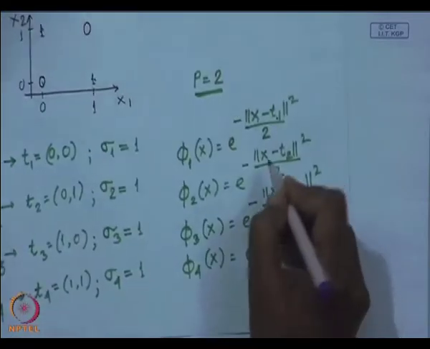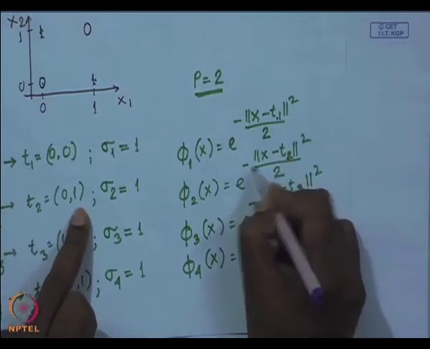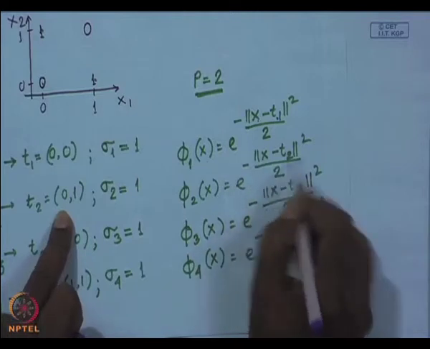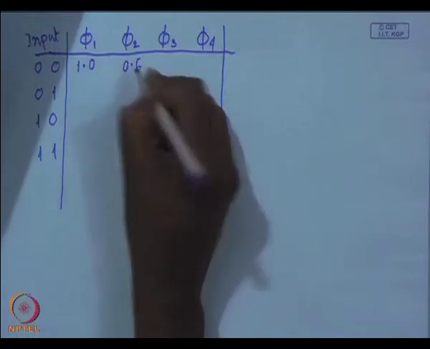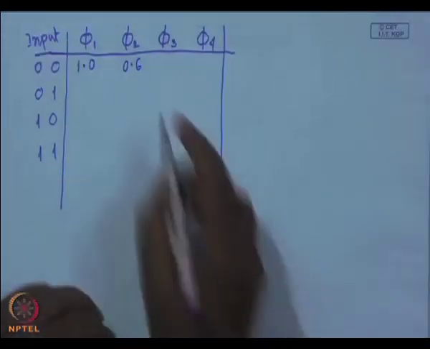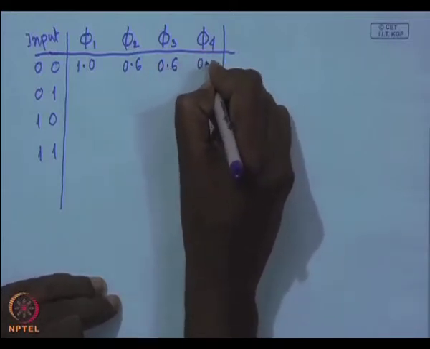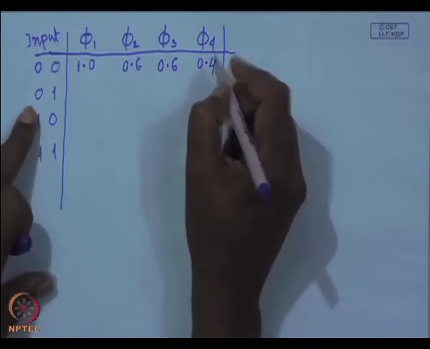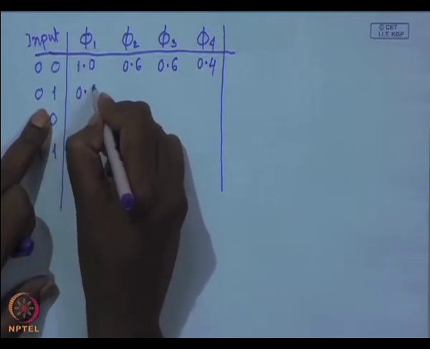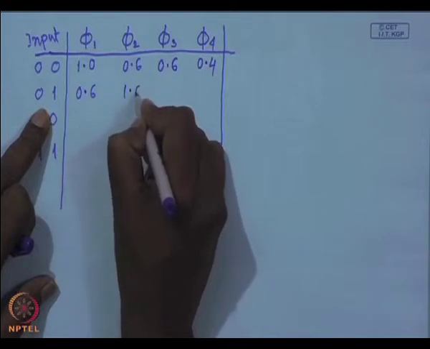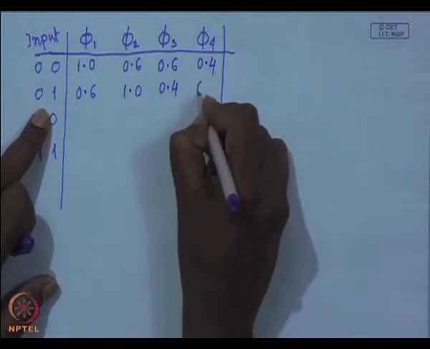Similarly, for phi 2, my x is 0 0, where t 2 is 0 1. Okay. So, if I compute this phi 2 x, you will find that this phi 2 x will be equal to 0.6. Similarly, I will just put the values over here, phi 3 x will also be 0.6 and phi 4 x will be 0.4. When the input vector is 0 1, phi 1 x will be 0.6, phi 2 x will be 1.0, phi 3 x will be 0.4, phi 4 x will be 0.6.